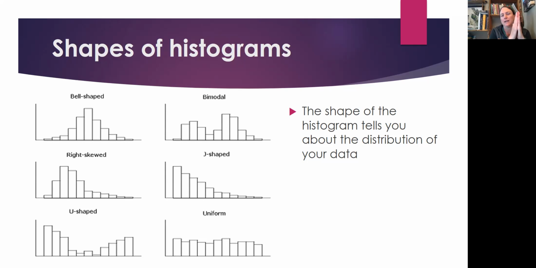So you can have data that's limited on one side by something. And you can have a U-shaped or you can have a uniform histogram. So the shape of the data set tells you something about what the central tendency is. It tells you about how variable it is if it's got really long tails on either side. And these distributions are used really frequently in statistics.